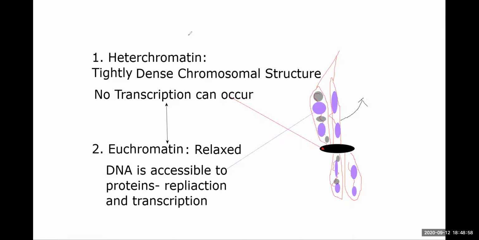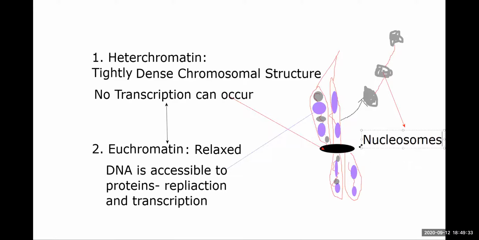If we zoom in, then these chromosomes will look like beads, right? These beads are connected by DNA. Now these bead-like structures are called nucleosomes.